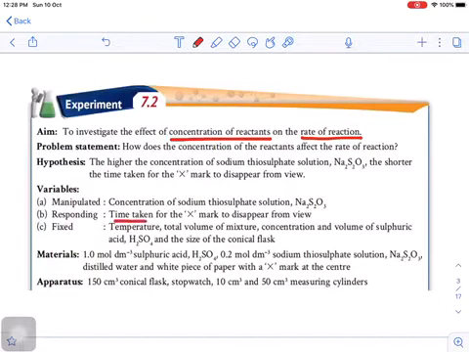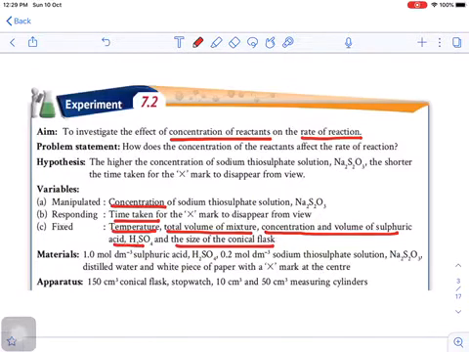And fixed variables are temperature, or you can say concentration and volume of sulfuric acid, or the size of the conical flask, or the total volume of mixture. We have many fixed variables here.